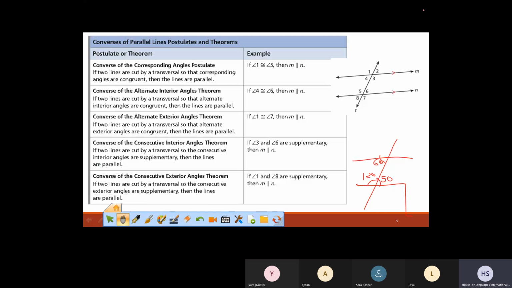Because this can't, it can't happen. Okay, 60 and 120, they are supplementary. But if you compare between 60 and 50, which must be alternate interior, they must be equal. So it can't happen. If this is 120, this must be.